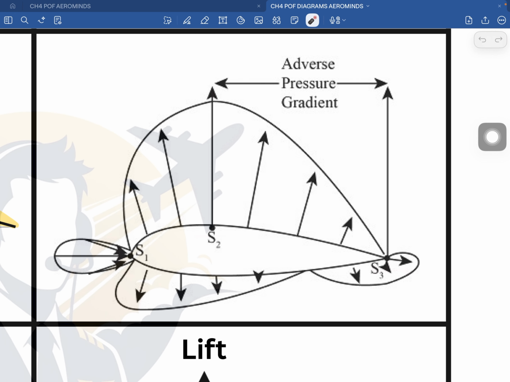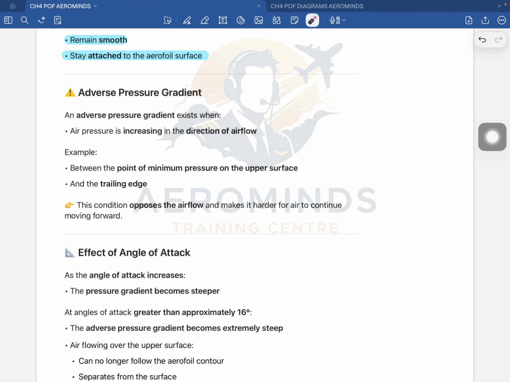This region is called the adverse pressure gradient region. Got it? This condition is actually opposing the airflow. An adverse pressure gradient exists when air pressure is increasing in the direction of the airflow. Example: between the point of minimum pressure on the upper surface and the trailing edge.